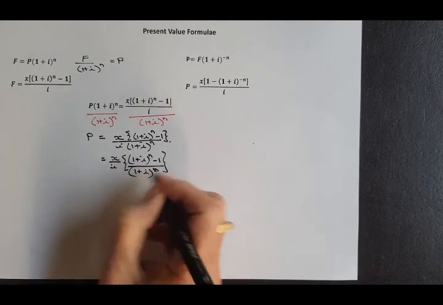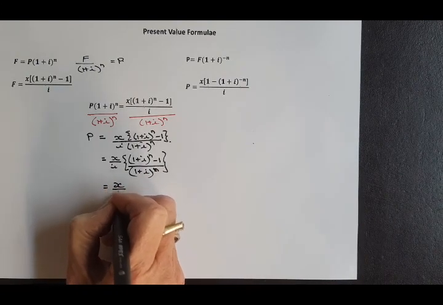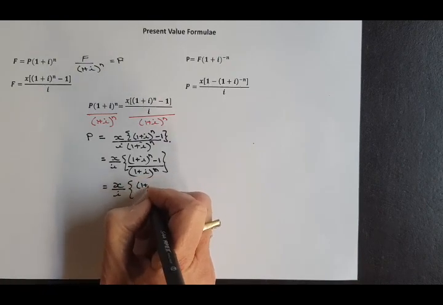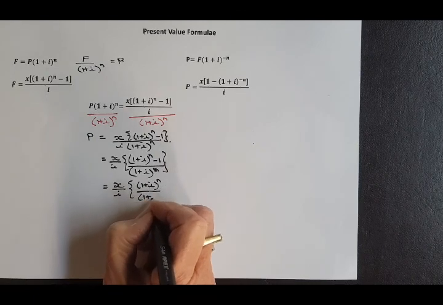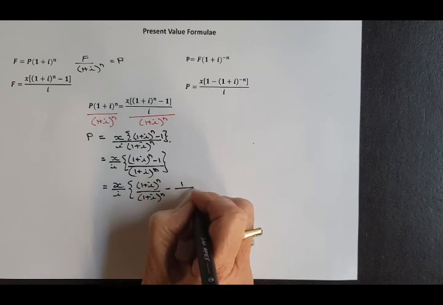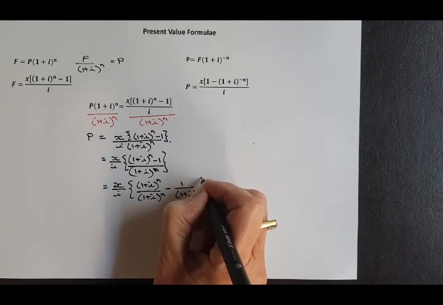Sorry, that's to the power of n. So here I have my x over i. A common denominator simply means I'm saying (1 plus i) to the power of n over that common denominator, subtract 1 over (1 plus i) to the n.